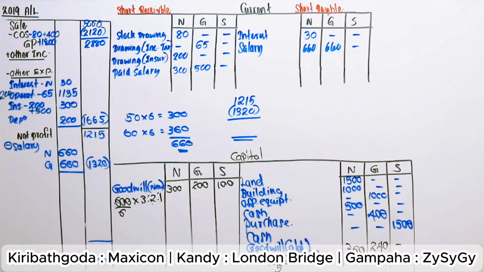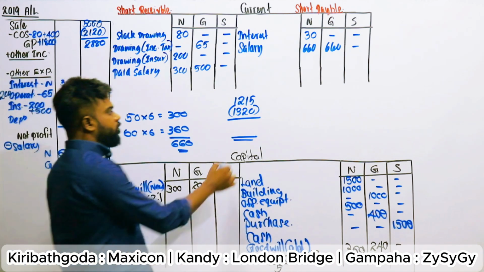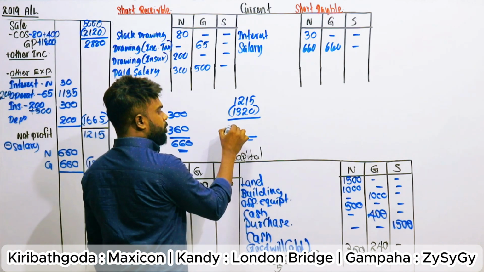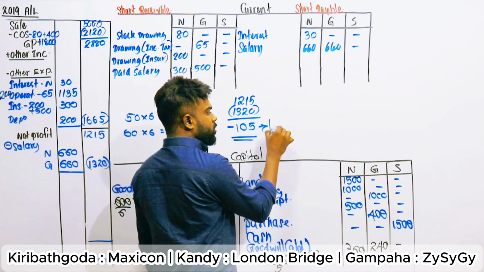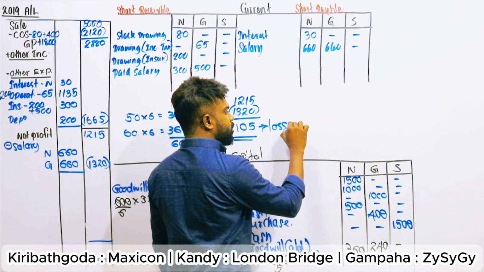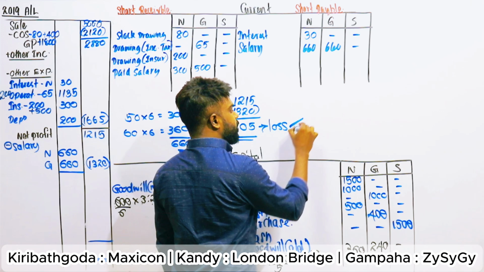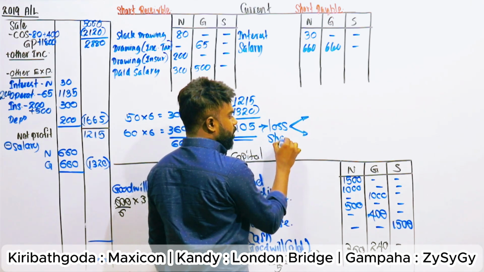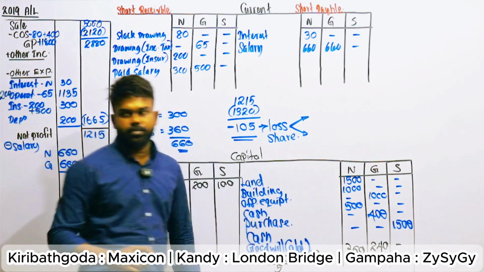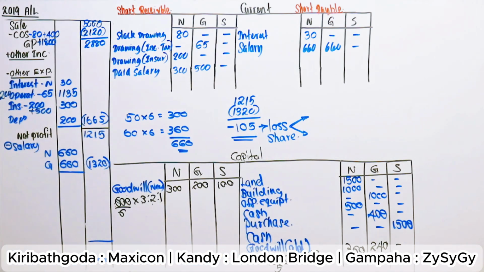I taught you this one. Minus 105. Therefore, the remaining is a loss share. Loss share. What do we have to do?